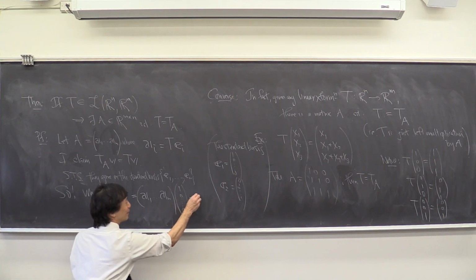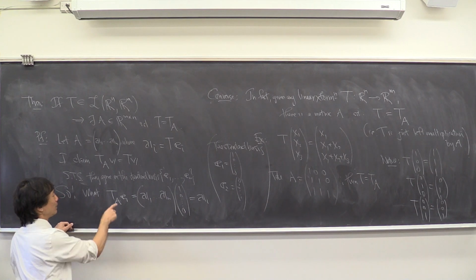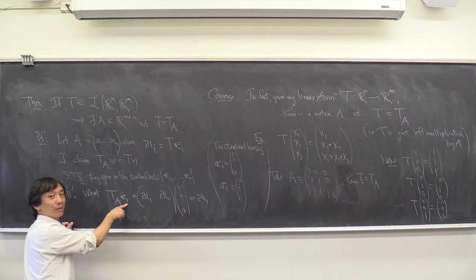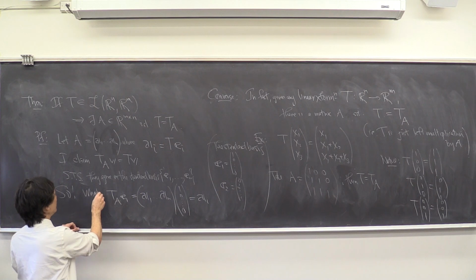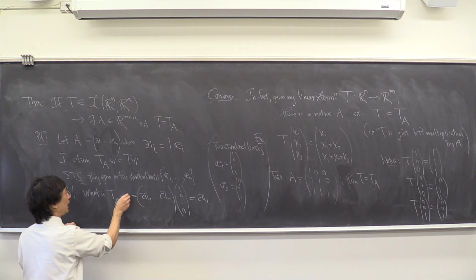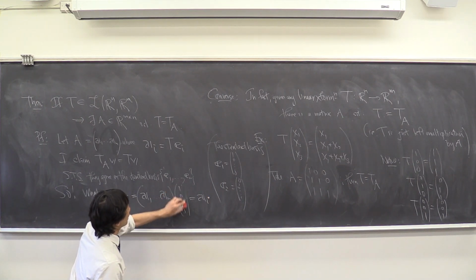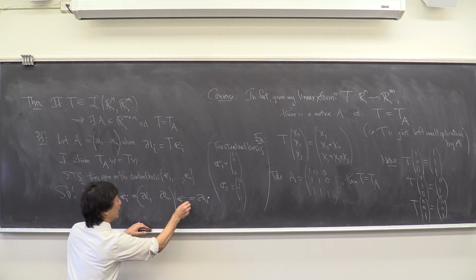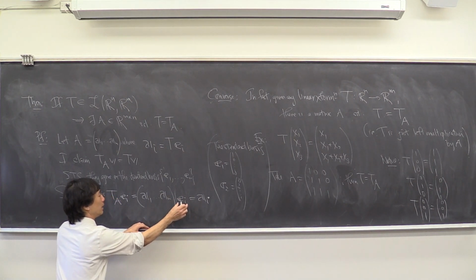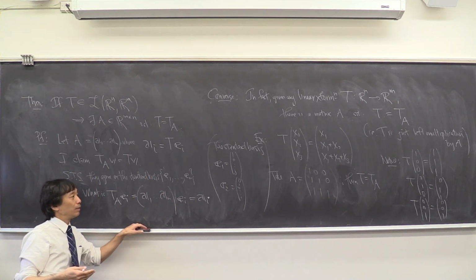It's A1, right? What's TA of E2? It's going to be A2, right? TA of E3, et cetera, et cetera. So TA of EI is going to be AI, right? When you multiply on the right by the ith element of the standard basis, that's just going to pick off the ith column here, right?